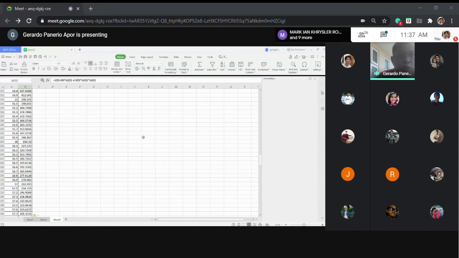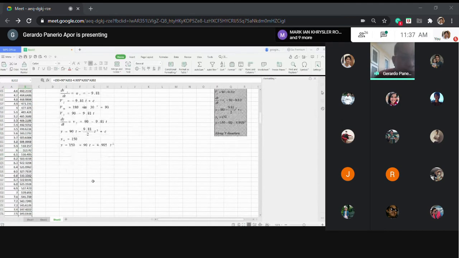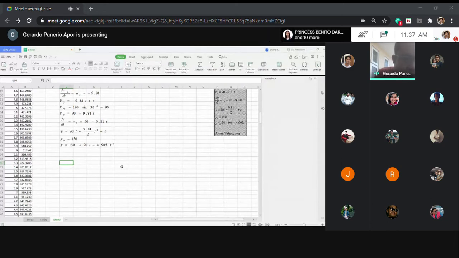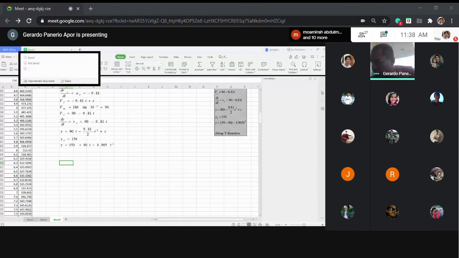So, we can solve that actually here. By this equation, I will have 4.905 t squared minus 90t minus 150. I can solve that by quadratic equation. I have my calculator here. So, A is equal to 4.905. B is equal to minus 90. And then C equals negative 150.